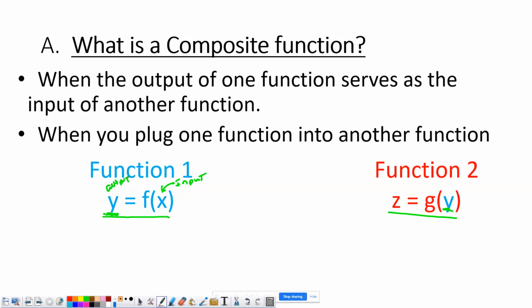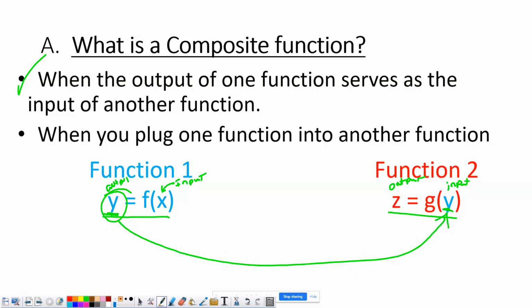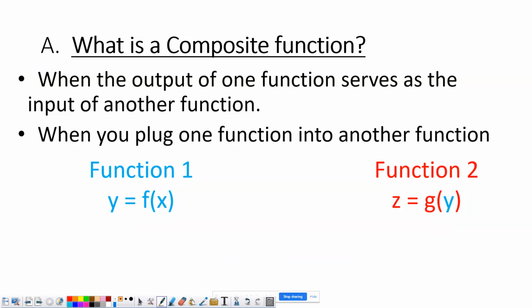But over here, the y acts like an input because you're plugging it into the g function, which gives you another answer out. So that's the first thing: when the output of one function serves as the input of another function, okay?